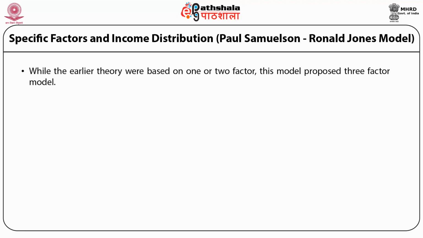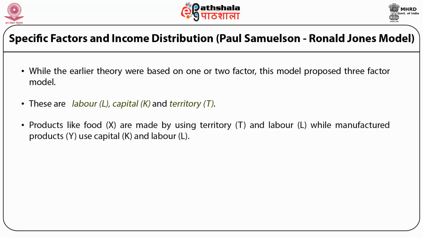While the earlier theories were based on one or two factors, this model proposed a three factor model. These were labor, capital, and territory. Products like food are made by using territory and labor, while manufactured products use capital and labor.